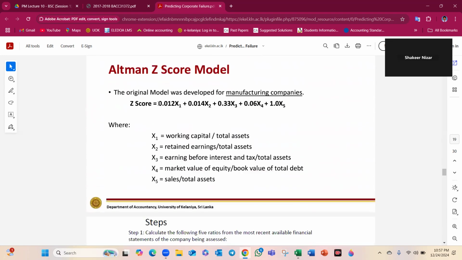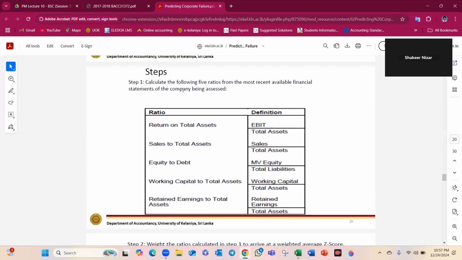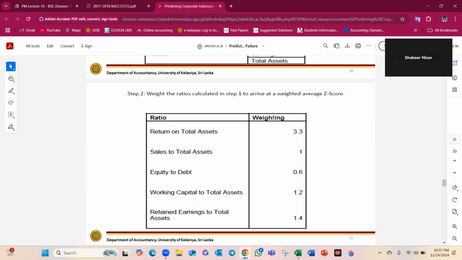So you can see here the Altman Z-score formula. Right here we have specific weightages, because those are constants, the beta values, so you want to remember those.